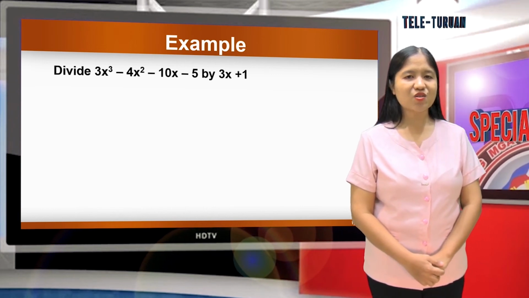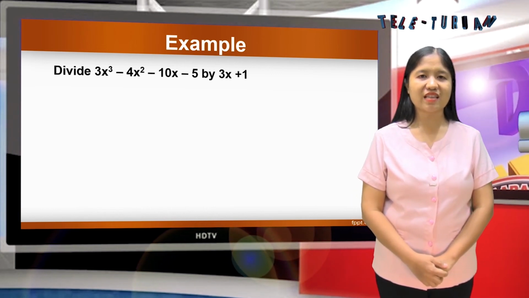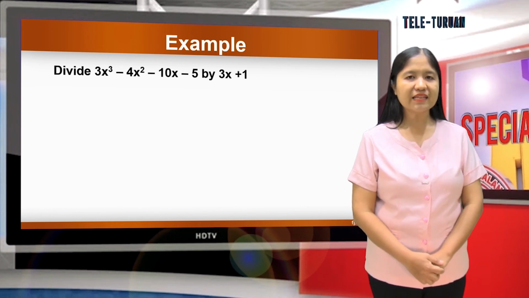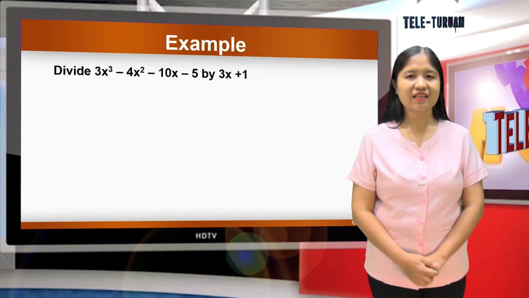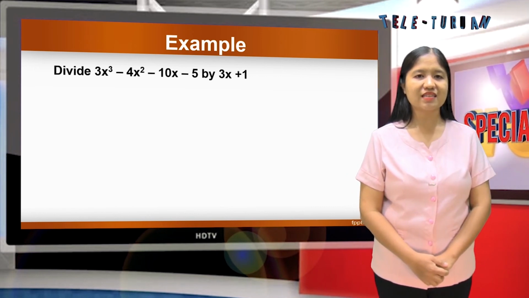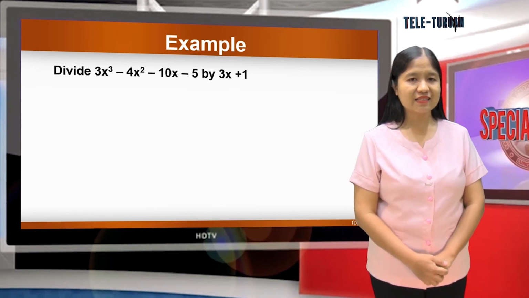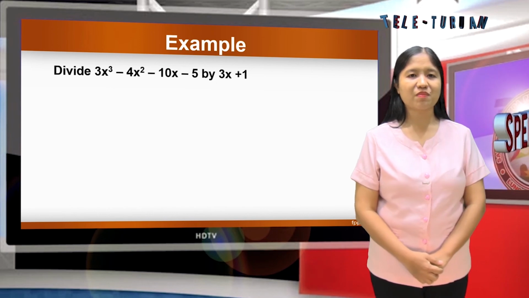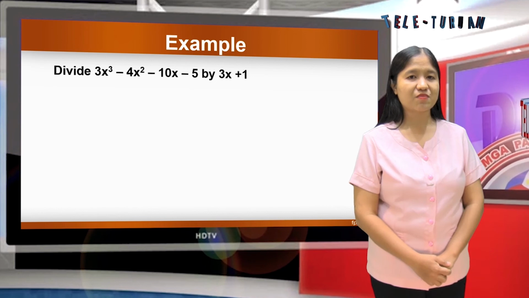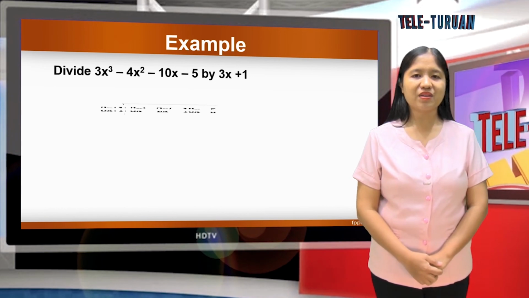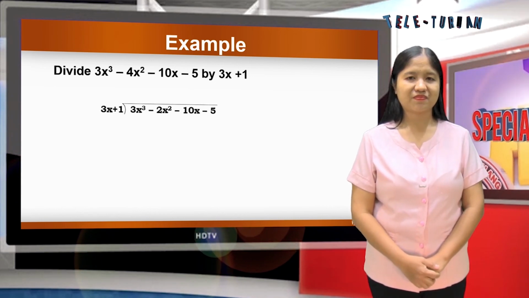Divide 3x cubed minus 4x squared minus 10x minus 5 by 3x plus 1. First, check the dividend and the divisor if it is in standard form. Then, set up the long division by writing the division symbol where the divisor is outside the division symbol and the dividend inside it.